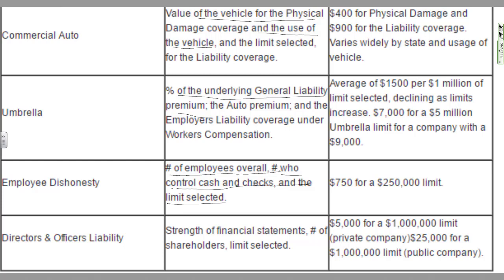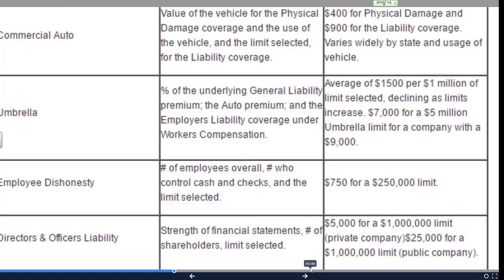This is one of the best examples of a very responsive exposure basis. The more employees you have, and especially the more who control cash and checks, the higher your exposure to employee dishonesty. Similarly, looking at directors and officers' liability, the strength of your financial statements and the number of your shareholders and the limit selected should be reflective of your exposure.